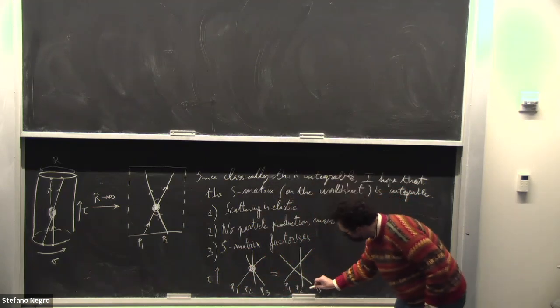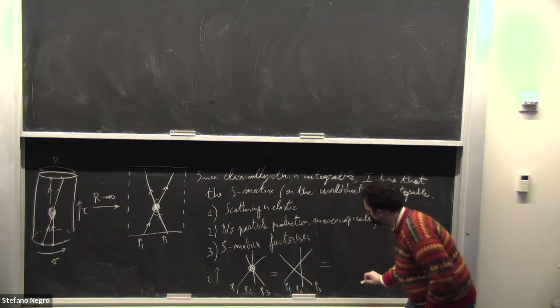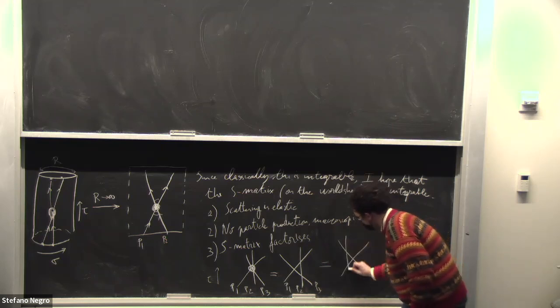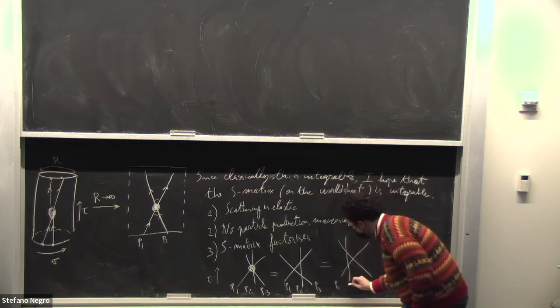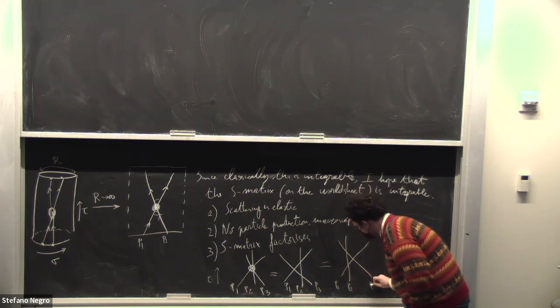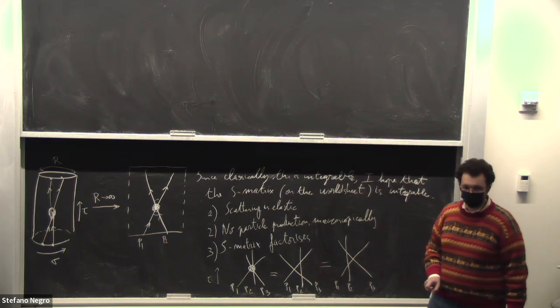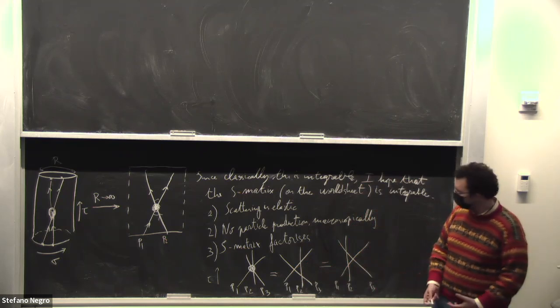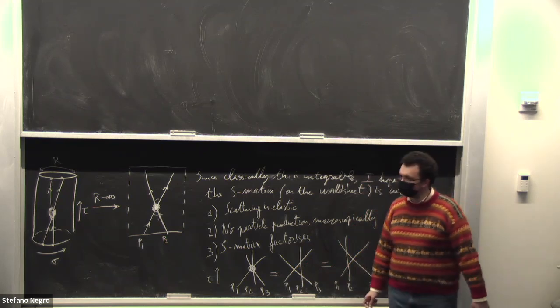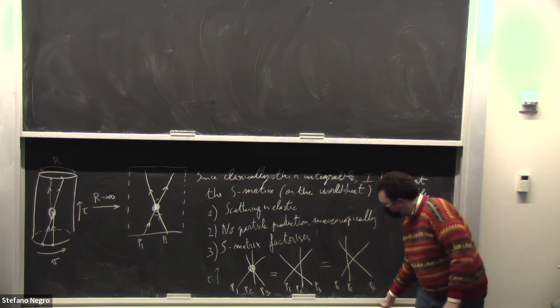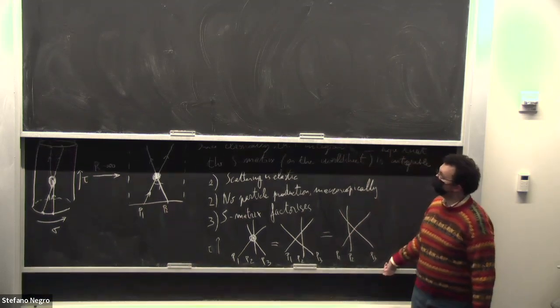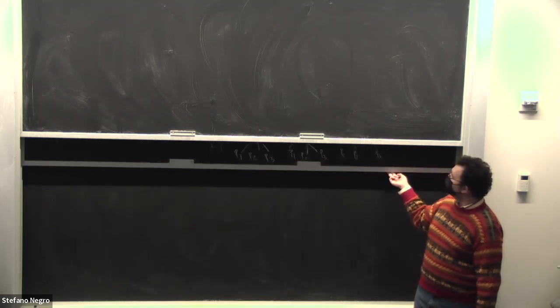You see that here I first scatter 2 with 3. There is actually another sequence that I could have drawn. And the fact that these two pictures give you the same result is a consistency condition, which is very famous and very important. It's called the Yang-Baxter equation. But here it just arises as one particular consistency condition.